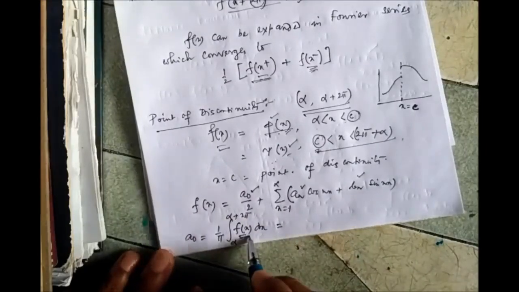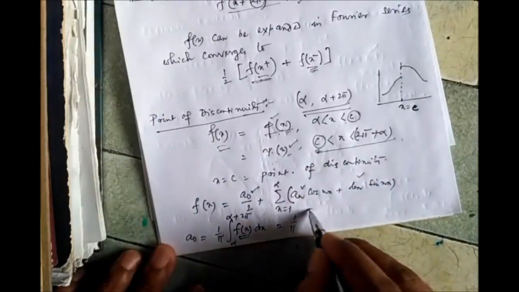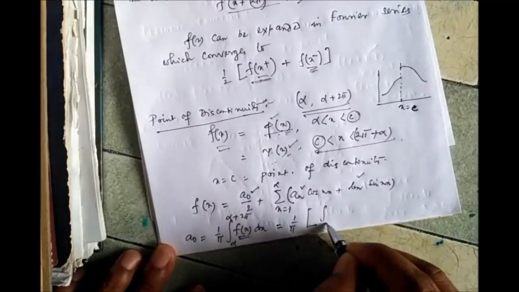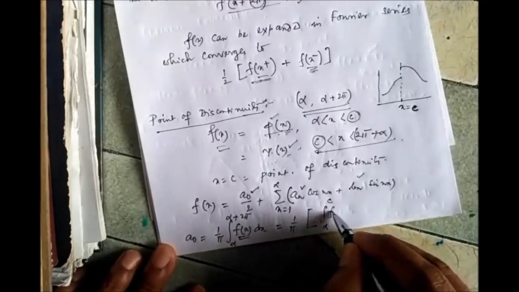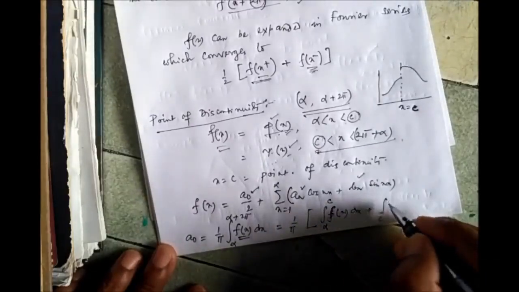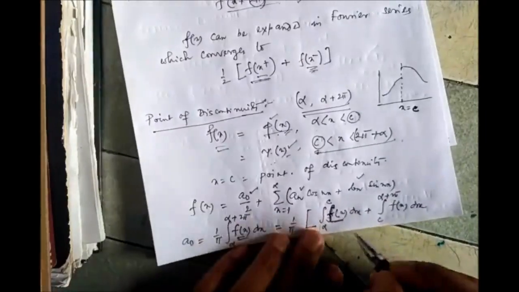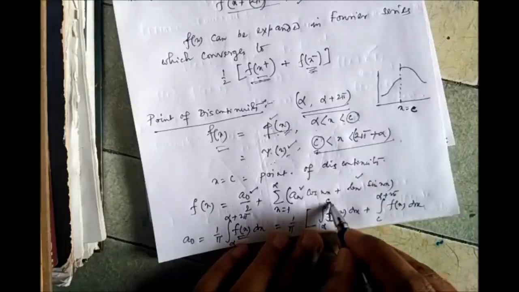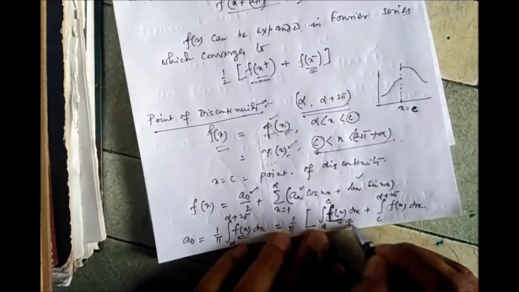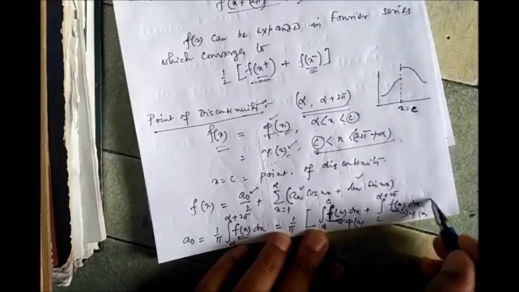Now as this function f(x) has two forms, phi(x) and psi(x), you can write this as 1 upon pi, integration alpha to c of f(x) dx plus integration c to alpha plus twice pi of f(x) dx. Now in place of f(x) between alpha to c, f(x) is replaced by phi(x), and between c to alpha plus twice pi, f(x) is replaced by psi(x).